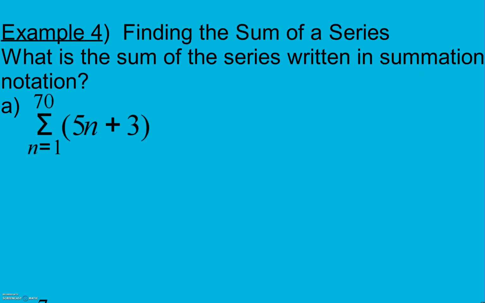So here, since I have a linear expression, I can use my summation formula. So again, in my summation formula, S of n equals n over 2 times the value of my first term plus the value of my nth term, my final term.